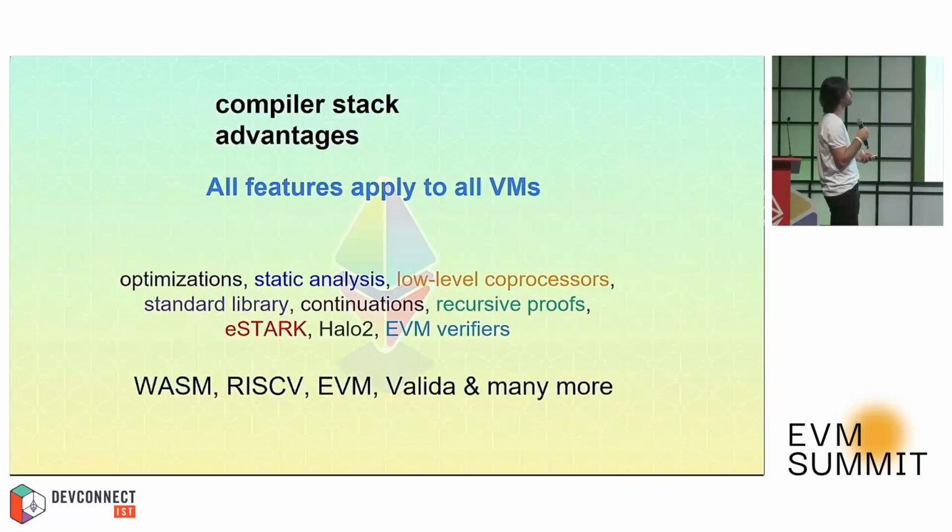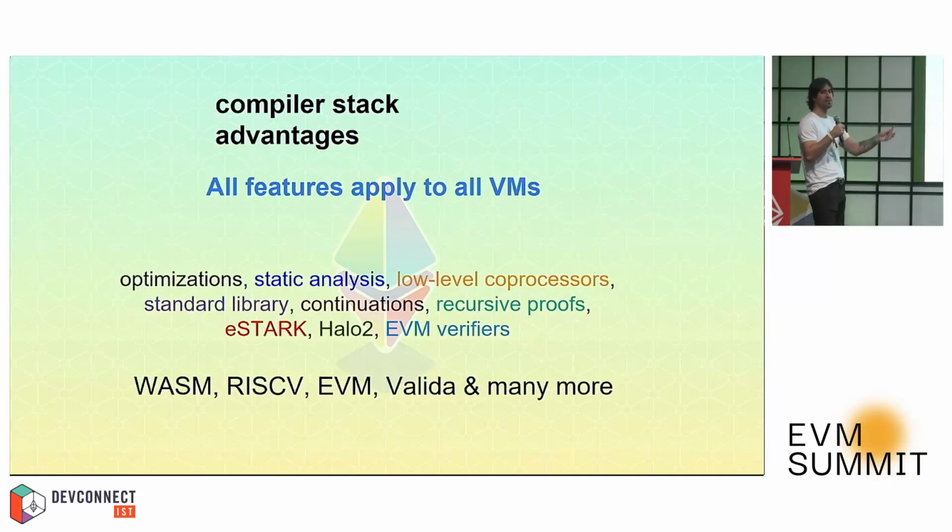The main advantage that this compiler stack gives us is that all these features apply to all VMs. It's not like there's a RISC-V implementation that has these features. It's RISC-V and WASM and the EVM and Valida and any VM. They benefit from every single feature that the compiler provides, meaning optimization, static analysis, formal verification, possibly low-level performant coprocessors, standard library, module system, continuations.